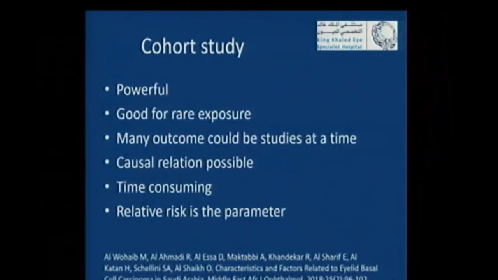It's a powerful study, good for rare types of exposure or causes. Many outcomes can be studied at a time. We know exposure is first and outcome is second, so time relationship can be established, causal relationship can be established.